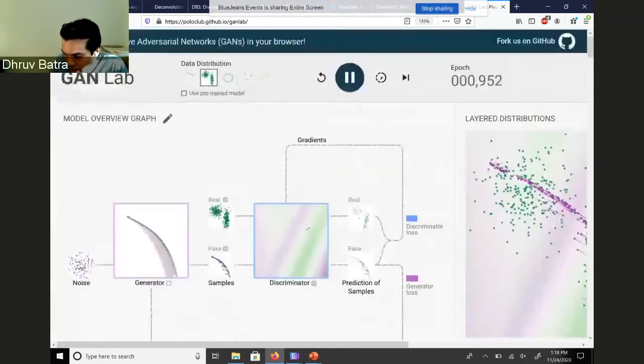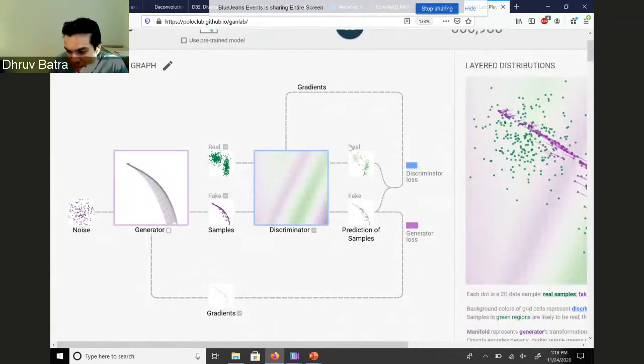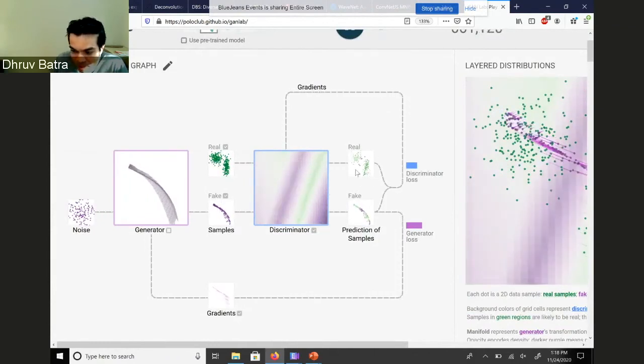So notice that right here, for that same data distribution, sometimes we get some points correct, so labeled green, we get them labeled as real. Sometimes even some real points are classified as fake, and we are performing that two-class classification on the fake points as well. There is some discriminator loss and generator loss, which is illustrated here.